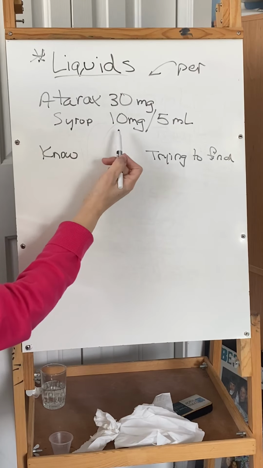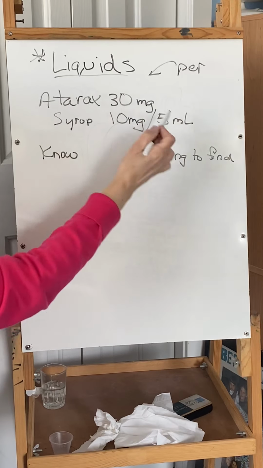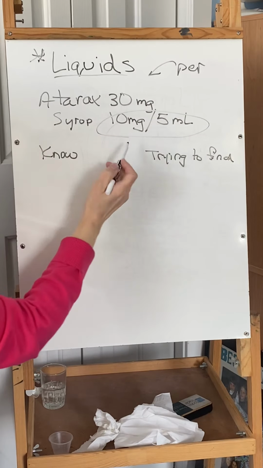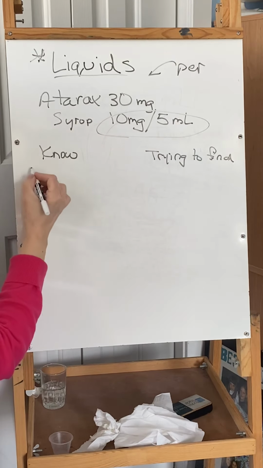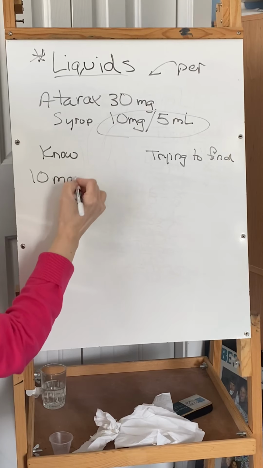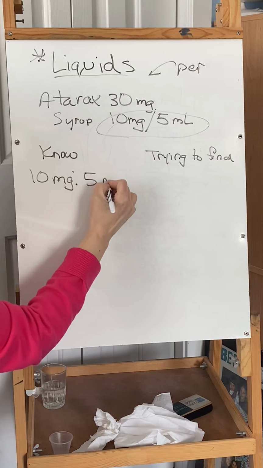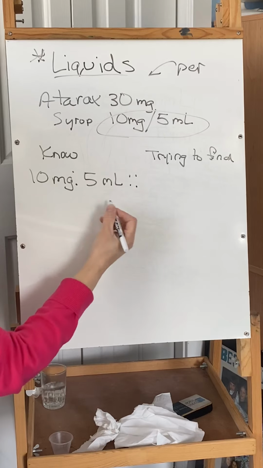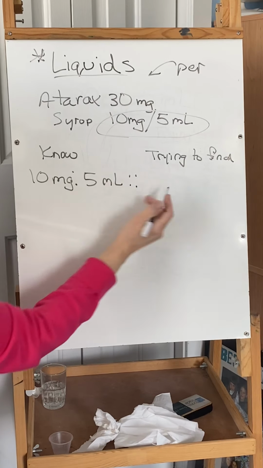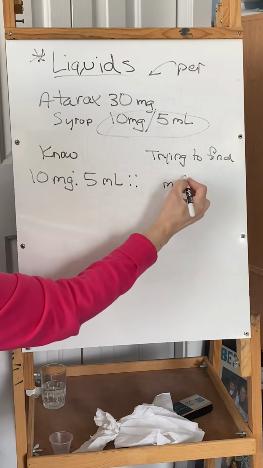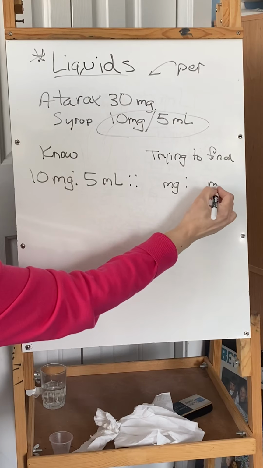You're just using what you already know on that label, which is always going to involve the milligrams to ml. So we know that 10 milligrams is equal to 5 ml, and just as what we're trying to find, milligrams first is to ml second.